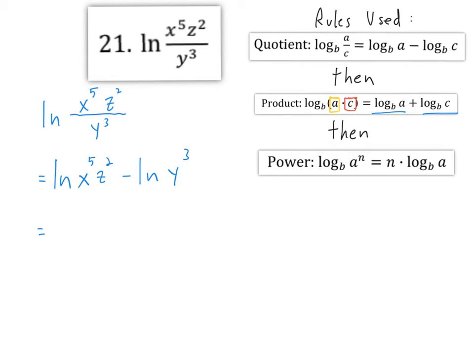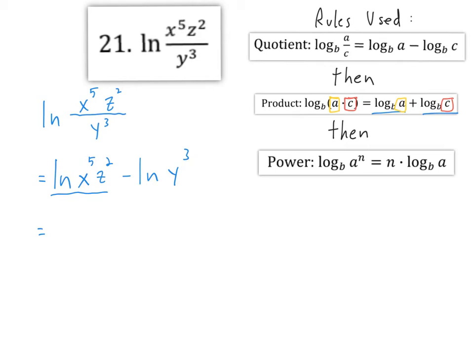One of the things multiplied will go in the first log, and the other thing that's also multiplied will go in the second log. We'll do that just to this first one. The minus ln of y cubed will just stay at the end.